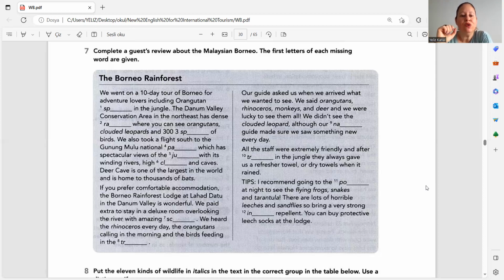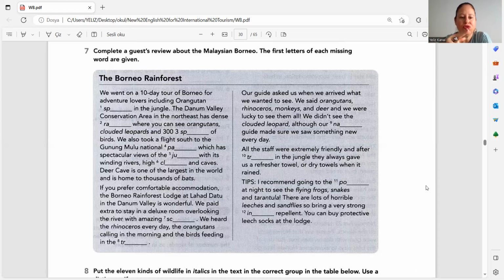Deer Cave is one of the largest in the world and is home to thousands of bats. Okay. If you prefer comfortable accommodation, the Borneo Rainforest Lodge at Lahad Datu in the Danum Valley is wonderful.